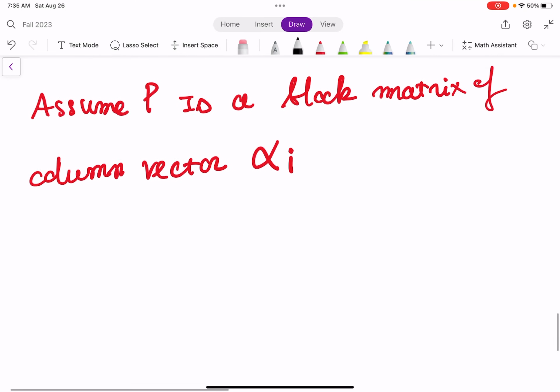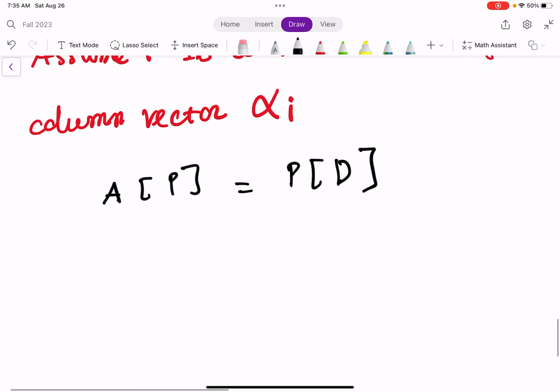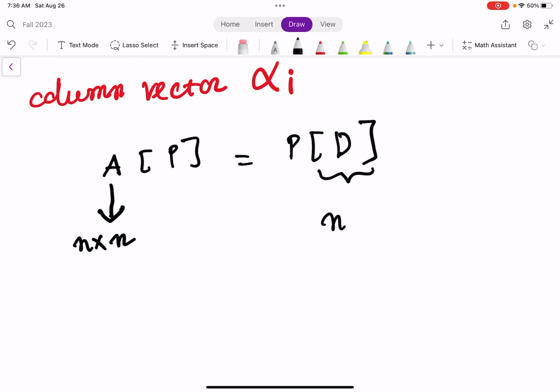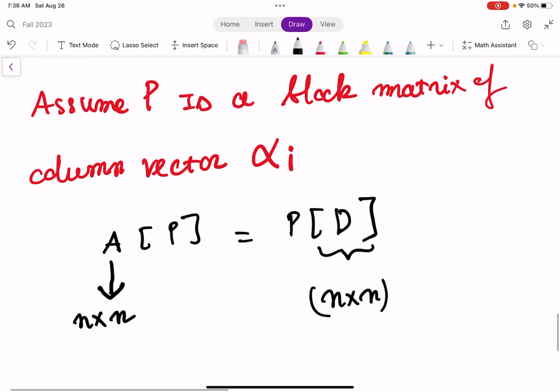So why am I assuming this? Remember, we are here right now, right? AP equal to PD. A is our square matrix, so let's check the dimension of A. A is n times n. D, because all of the eigenvalues belong to n, also has n times n dimension.